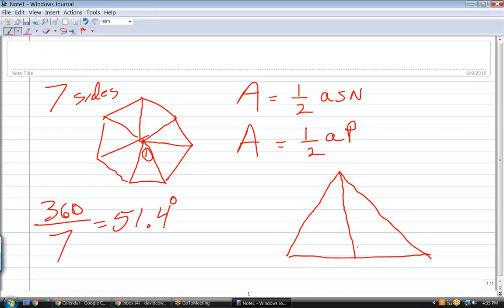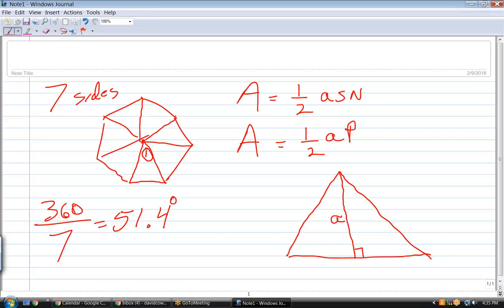What's that vertical called? The Apothem. It's the little a from this equation. The Apothem. Okay? So the name of the game here is you're always going to need the Apothem pretty much to figure out the area of a polygon. So the first step is always to figure out the Apothem.